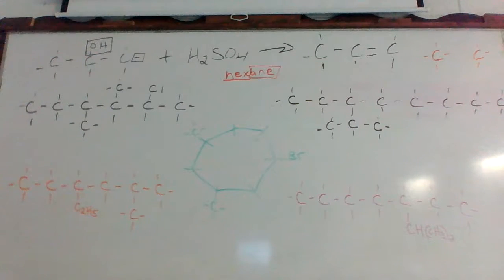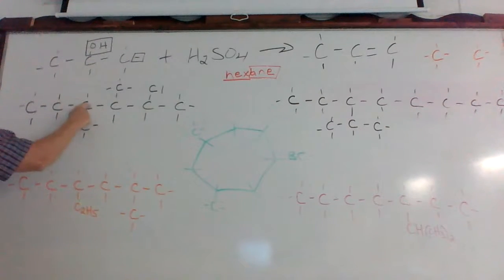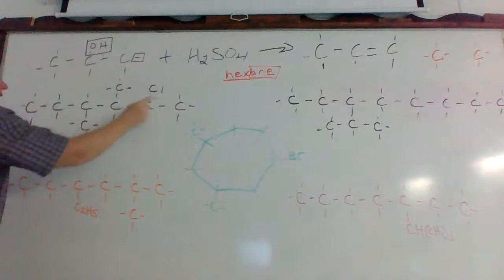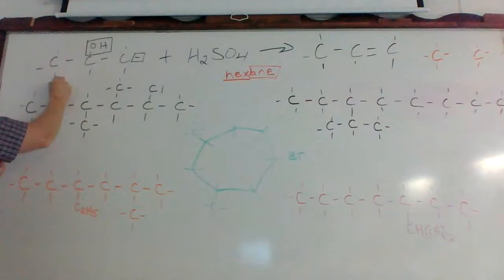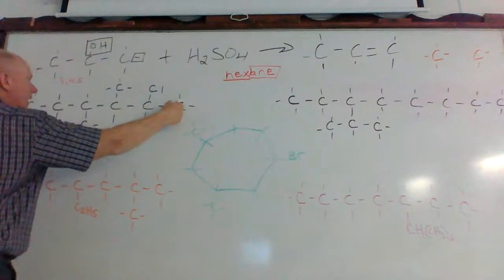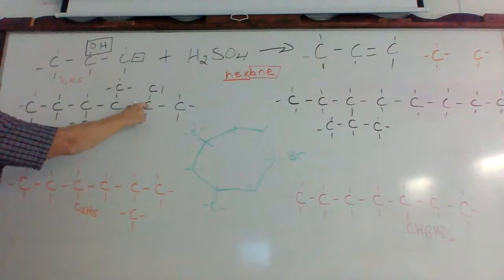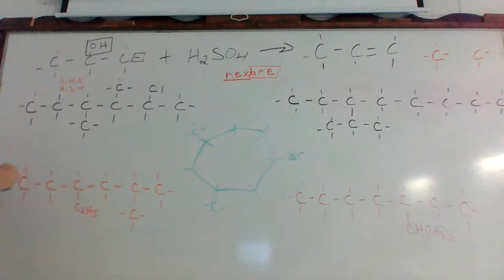The next thing that we would have to establish: are we going to go left to right? That would give us 3, 4, and 5. Or are we going right to left, which would result in 2, like you had correctly said, 2, 3, and 4. So it's the bottom set of numbers that gives you the lower combination.